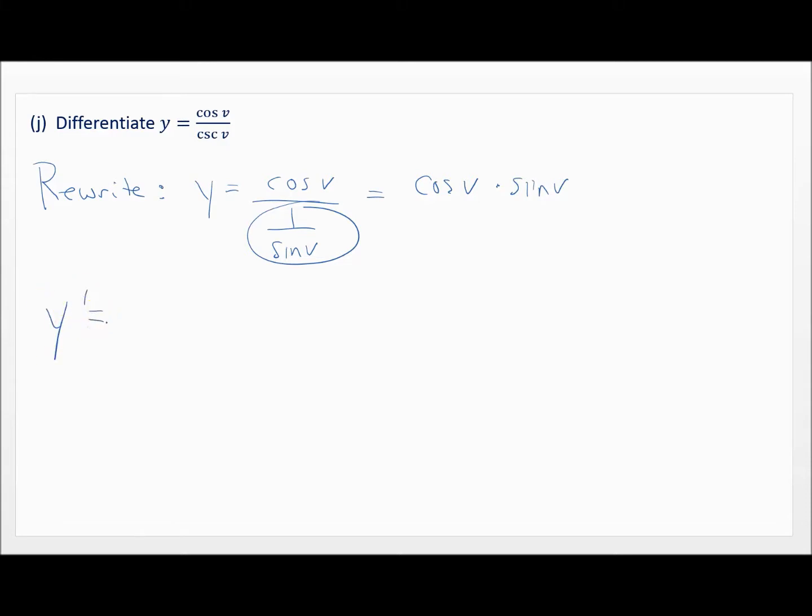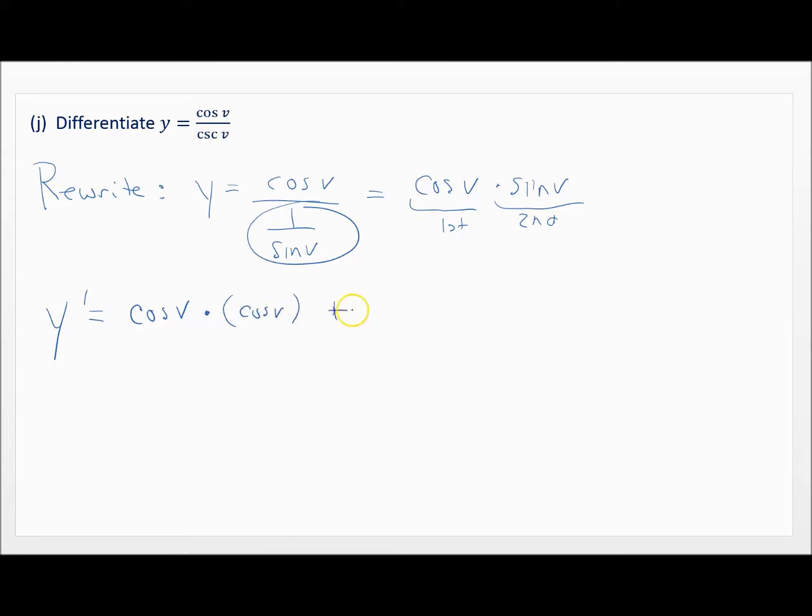And then we could take the derivative just using the product rule. There's still no chain rule happening right here. This is just product rule. So we do, remember, first times the derivative of the second. So this is our first, and this over here is our second. So we do first, cosine of v, times the derivative of the second. What's the derivative of sine of v? Cosine of v.